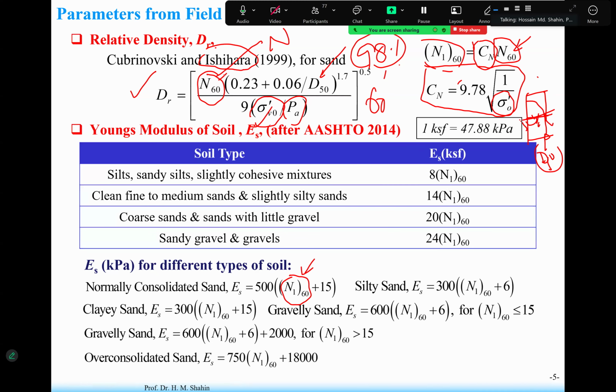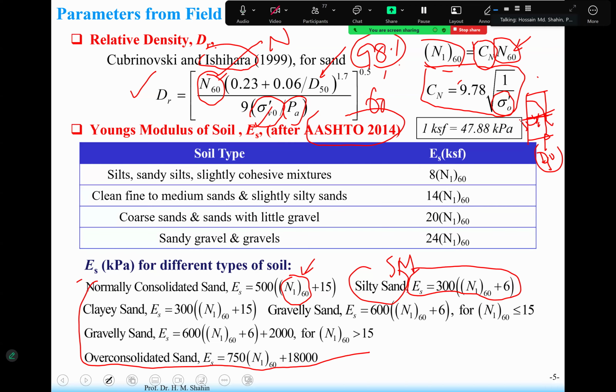Then the Young's modulus of soil, according to the H2 code. You use these equations mainly for clay type soil and silt. For silty sand, meaning SL, you use this equation. For SM, you use this equation, 300 into N160.